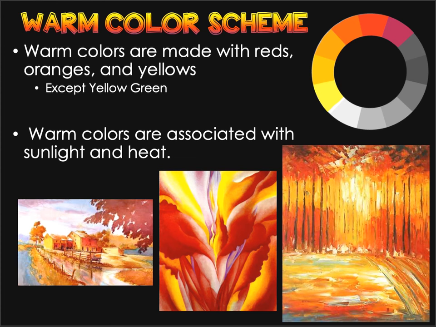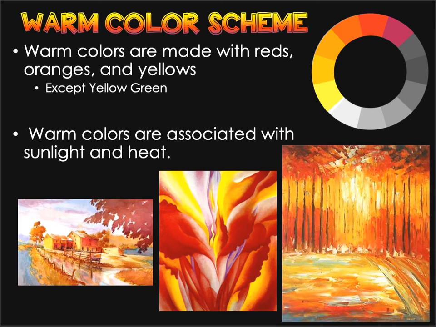Now, we have warm color schemes. There's 6 colors. If you look at the color wheel over the top right-hand corner, it's half of the color wheel, ranging from red-violet all the way down to yellow.